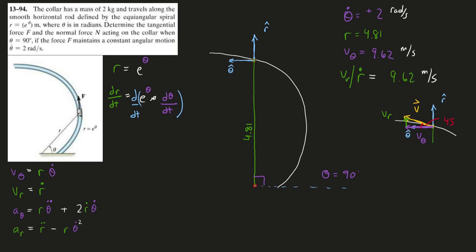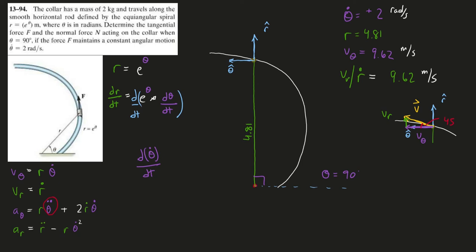So starting out with the transverse acceleration component, I got the r value, and then I have theta double dot. Remember, that just means how much our angular speed is changing with time at this moment.